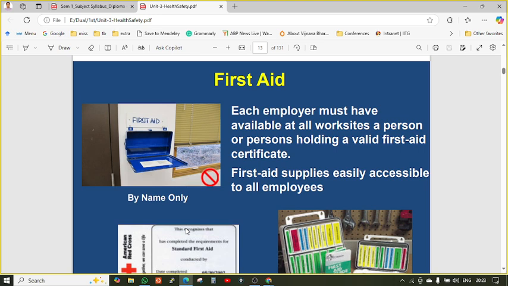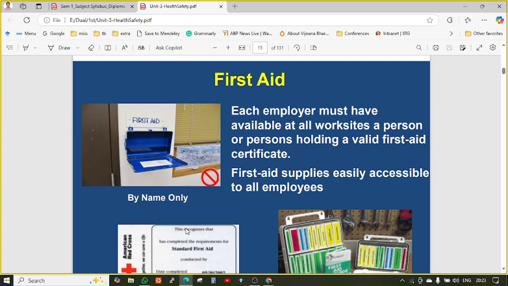Even last year they installed a fire line, the red water pipeline. It is not required every day, but whenever it is required it must be there. So there are safety rules and norms, and all of these should be kept in a working industry or any organization.